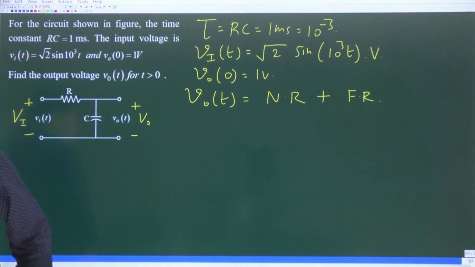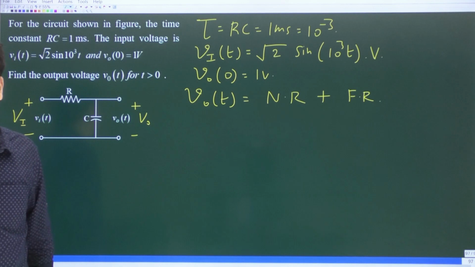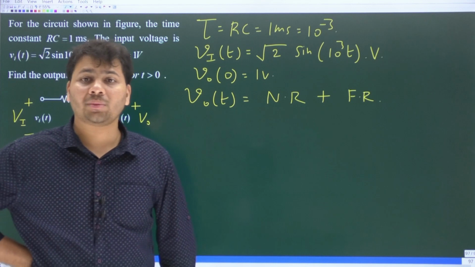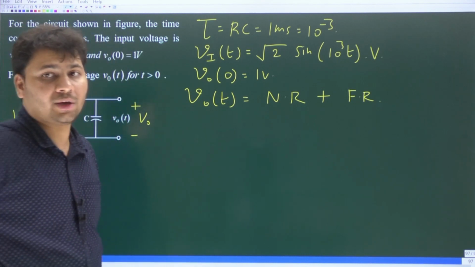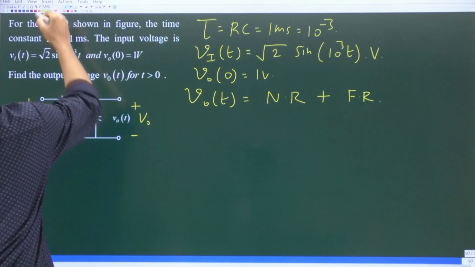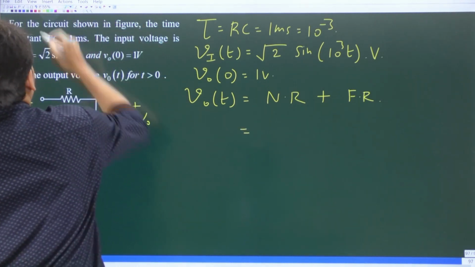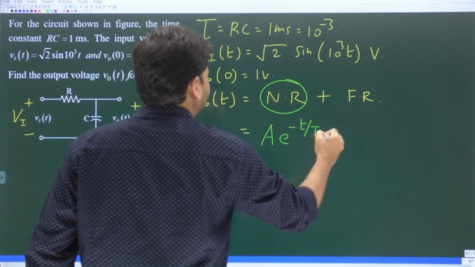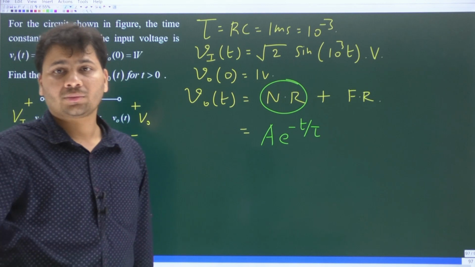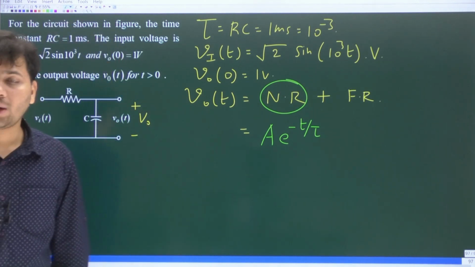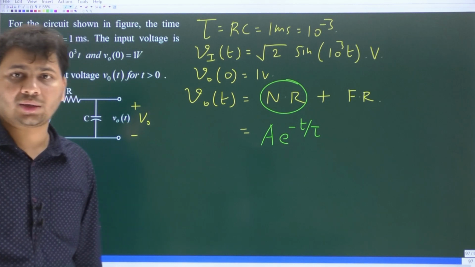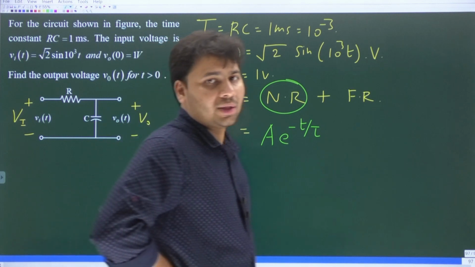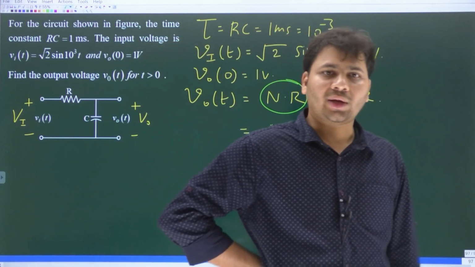What is the order of this circuit? What's the order of the circuit? Is it not a first order circuit? Any first order circuit, the natural response will be of the form A into e power minus t by tau. Yes or no? This is the form of the natural response of any first order circuit, whatever be the source driving the circuit, whether it is DC source or sinusoidal source.